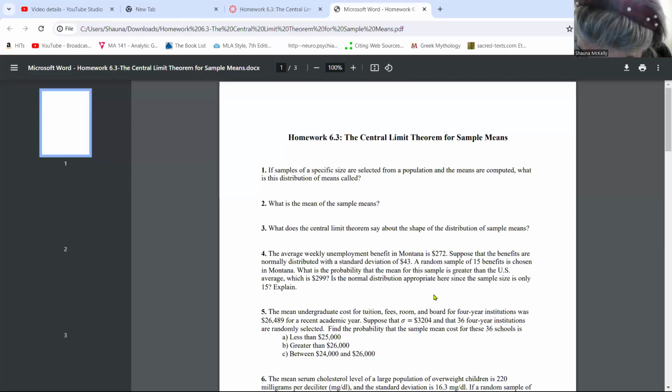My answer for this question, what is the probability that the mean of this sample is greater than 299, let me put it on the screen.